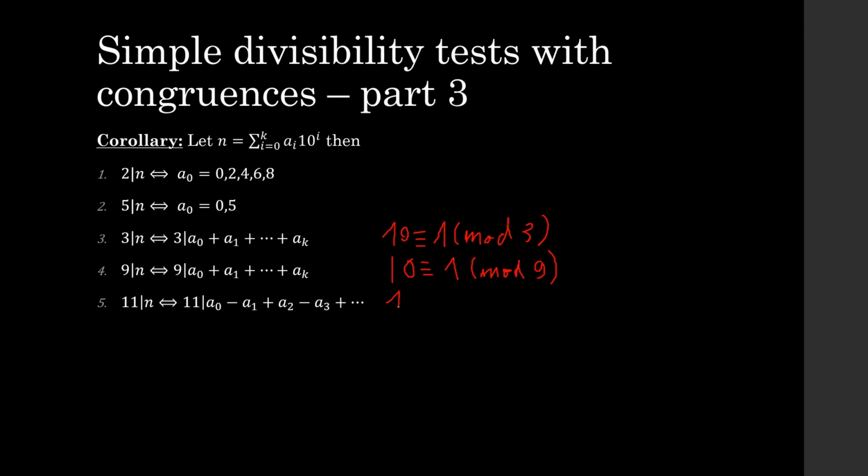We've got that 10 is congruent to minus 1 mod 11. And so we can apply the theorem for alternating sums. So that gives us a nice divisibility test for 11, which I didn't hear about until quite recently, actually. And it's actually pretty useful for looking at large numbers.